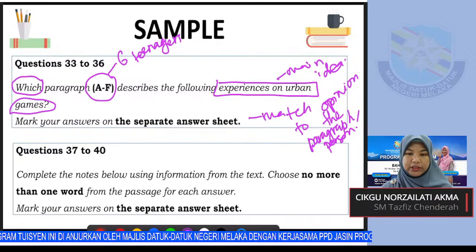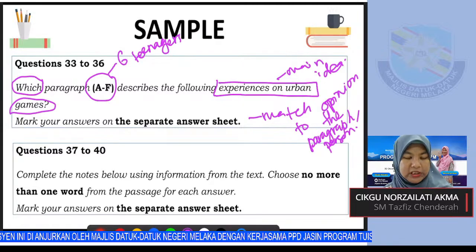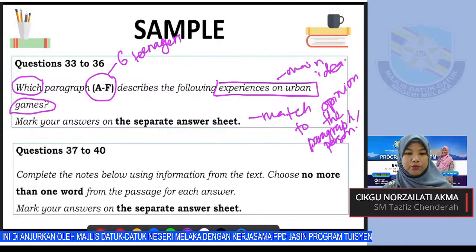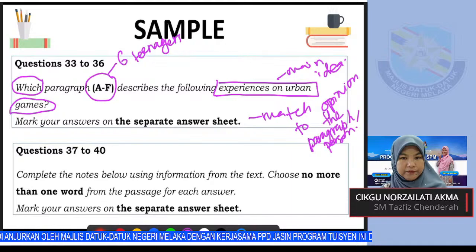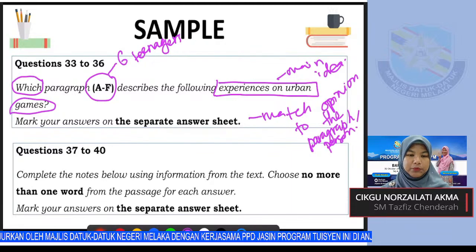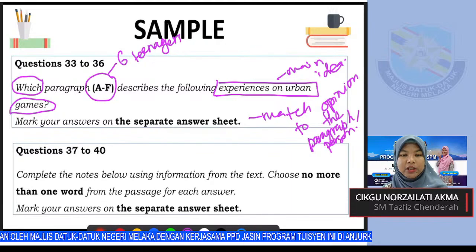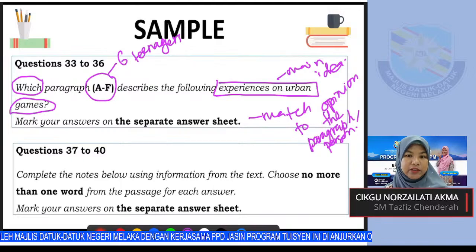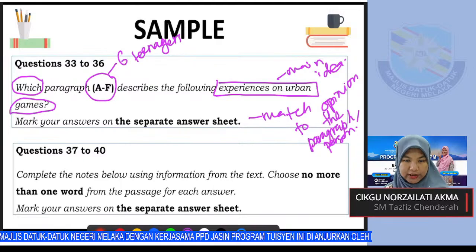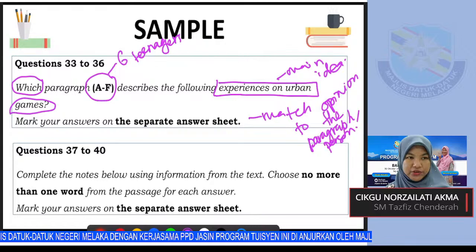So here you know that the instruction given to you is to match which paragraph matches to the experience, to the statement in the question. We will see sample question later.